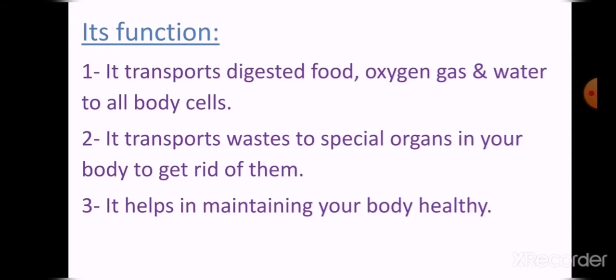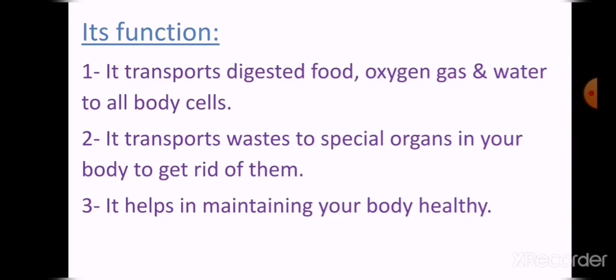So the circulatory system works like a delivery man. It transports digested food, oxygen gas, and water to all the body cells, and then transports the wastes to get rid of them. And it keeps your body healthy.